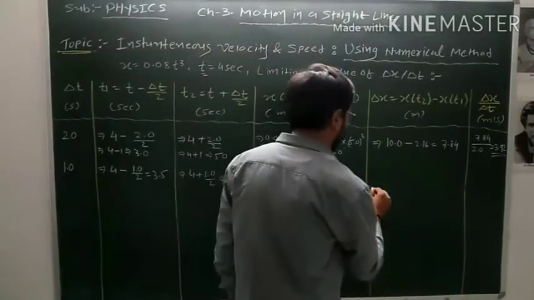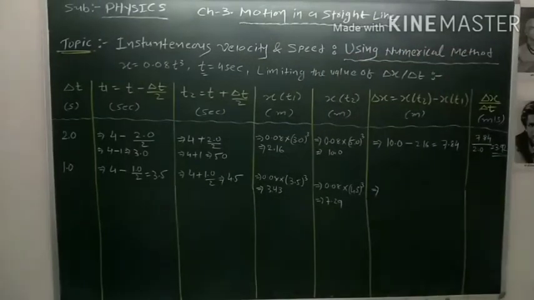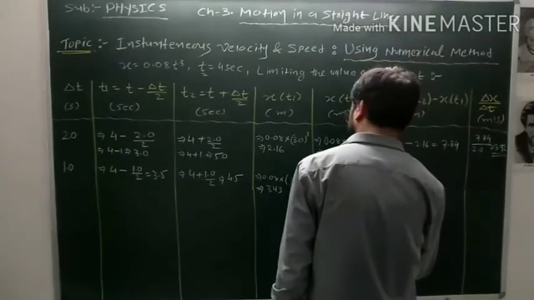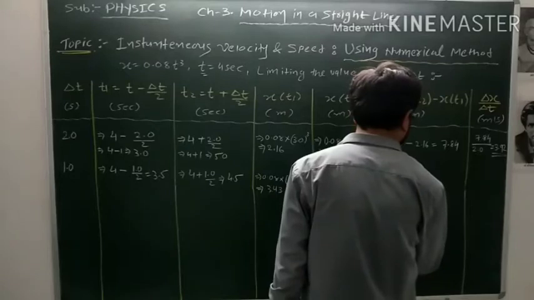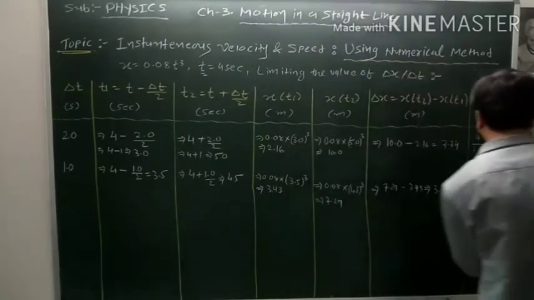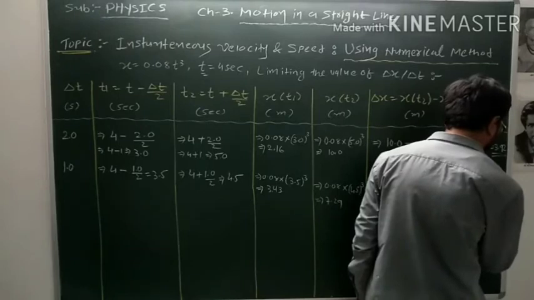Now we want to find the displacement, that is 7.29 minus 3.43. So here we get 3.86, divided by 1.0, so it is 3.86.